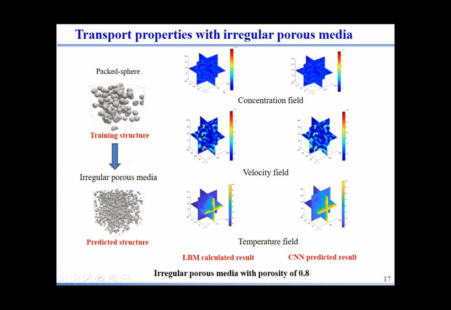And using this, we can use packed sphere structures to predict irregular porous structures in a data-driven way. For example, we get the concentration field, velocity field, and temperature field. This is the result predicted by the 3D numerical simulations with the LB method, but this is the CNN predicted result with packed sphere training samples, for irregular porous media.